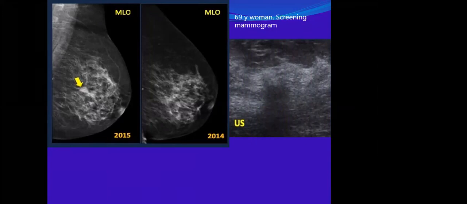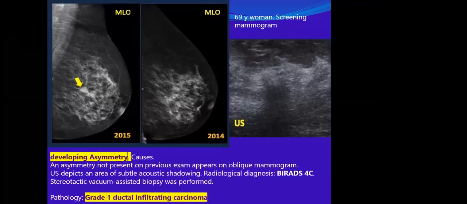Indistinct lesions with posterior shadowing, it will be BI-RADS 5 or C. Not typical like that one, it will go for 4C. It is BI-RADS 4C, and it was grade 1 ductal infiltrating carcinoma.